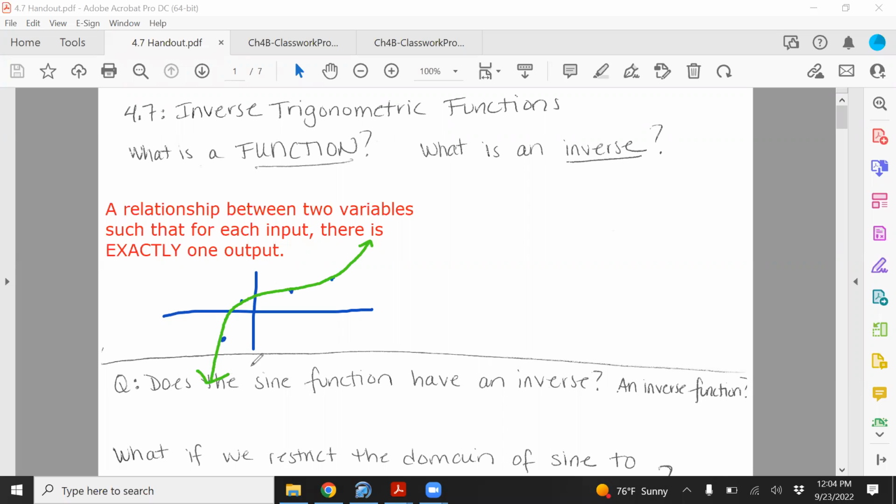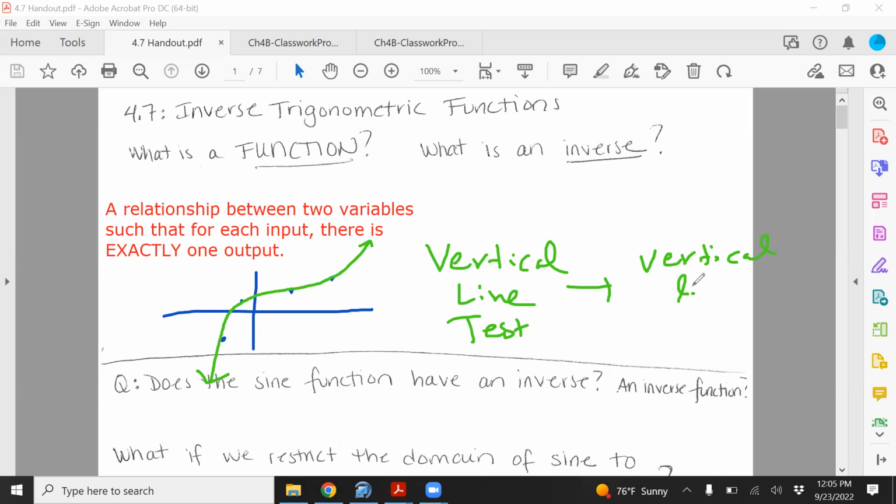So you remember the vertical line test, perhaps? Say I have a graph like this.